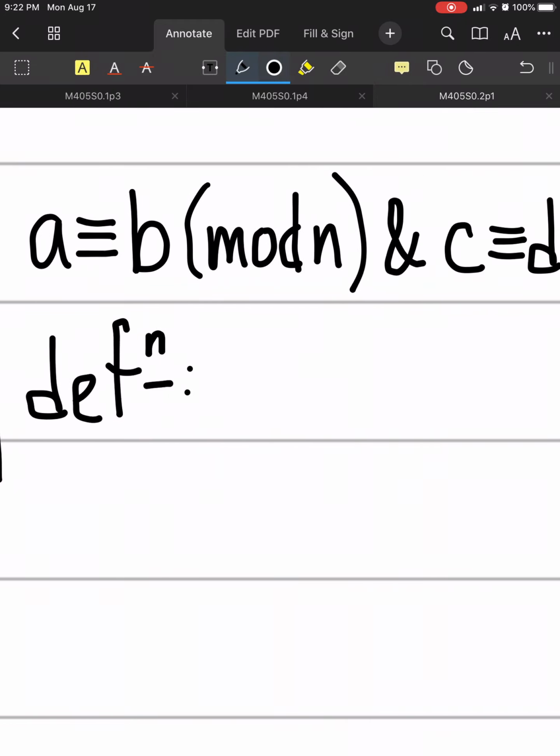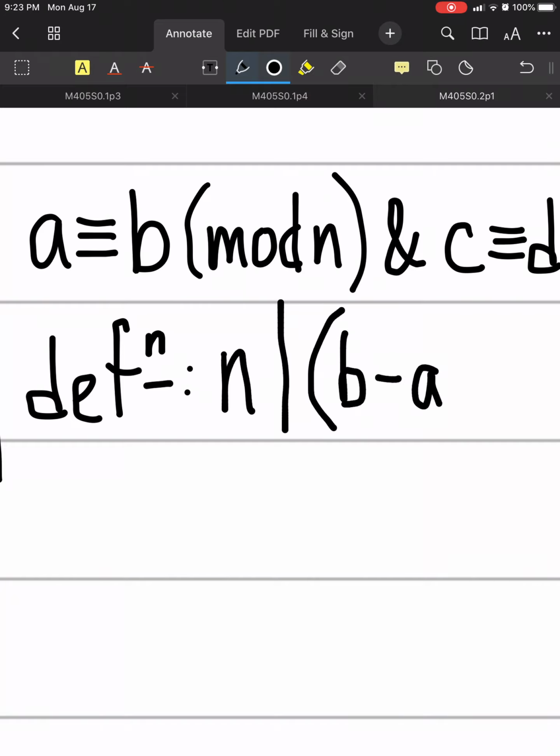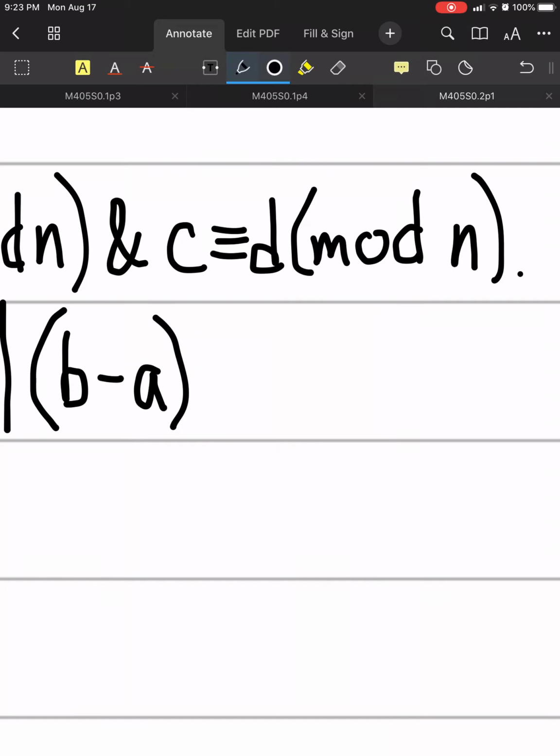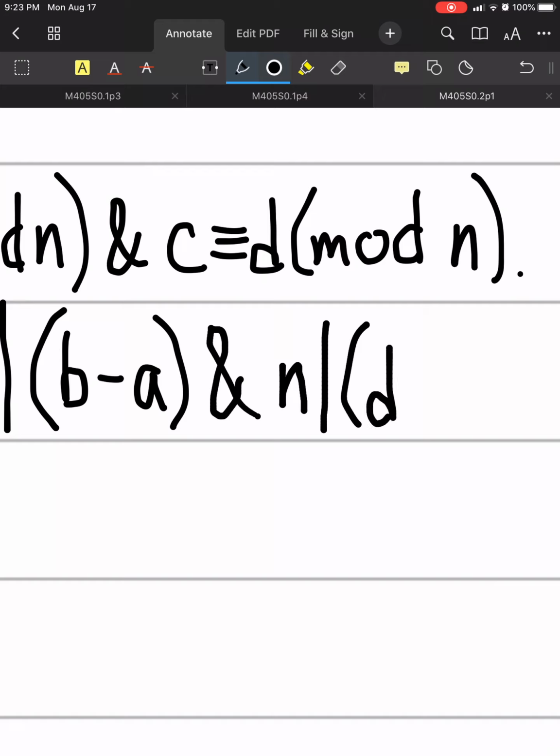So by definition, n divides, I'm going to use the symbol here rather than writing it out, n divides B minus A. And again, also n divides, think here, should it be C minus D or D minus C? I know it doesn't really matter, but according to our definition, which one should it be? Well, it is D minus C.